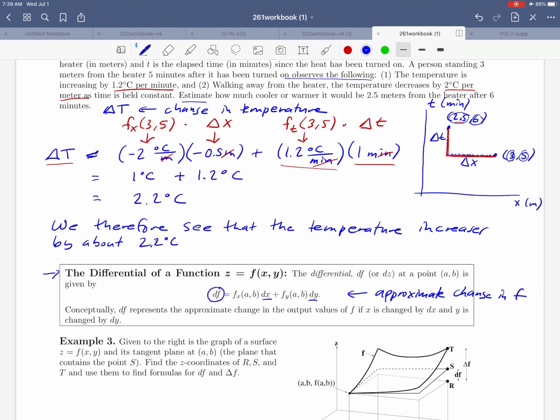And that's what's being explained to you in the sentence down here. Conceptually, df represents the approximate change in the output values of f if x is changed by dx and y is changed by dy. And so in future examples, we'll dig a little bit deeper into this differential and see what we can do with it to approximate function changes.